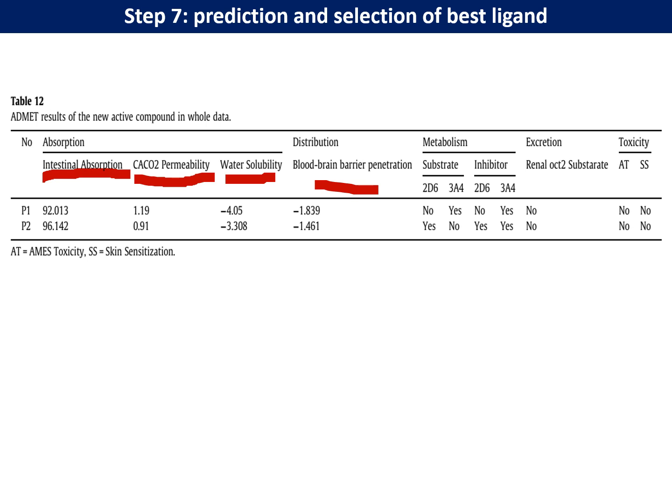Here, compound 10 acts as both a substrate and an inhibitor of several enzymes, including CYP, which is a very important enzyme in phase 1 metabolism, so it means that the compound may interact with other drugs, which is very important when we use the compound to treat cancer. And next we identify the existence of renal substrates, and more importantly the compound has no toxicity, including mutagenic toxicity and skin sensitization.